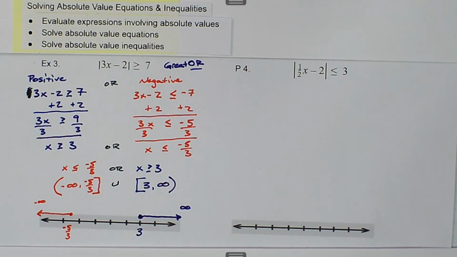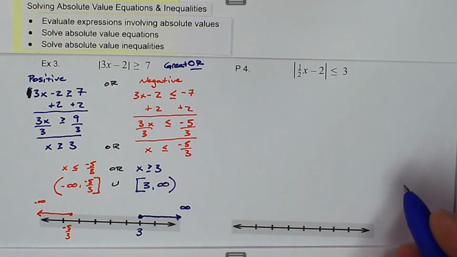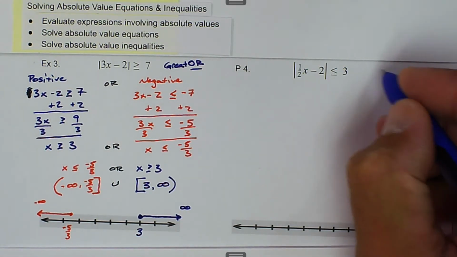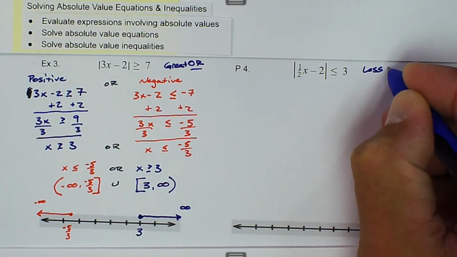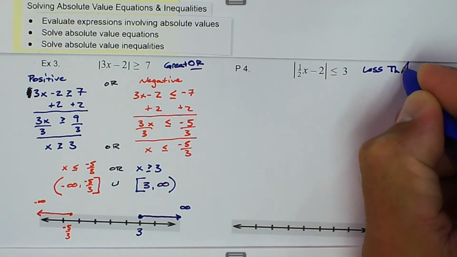The next one that we're looking at is problem 4, and we have absolute value of 1/2 x minus 2 is less than. So we want to remember less than.